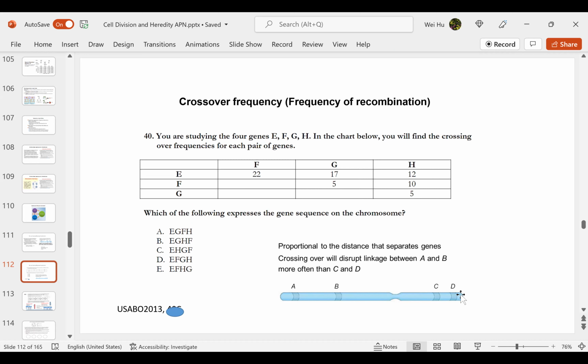We talked about A, B, C, D. Now I changed the letters to E, G, F, H. Everyone starts with E, so everyone compares with E. What do you think? So the number is the crossover rate. Again, the highest one is 22, meaning that they have a long distance, correct? Good. So let's do this one, please.